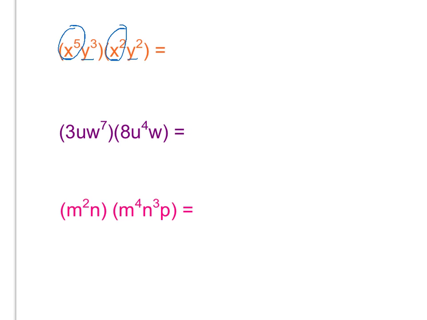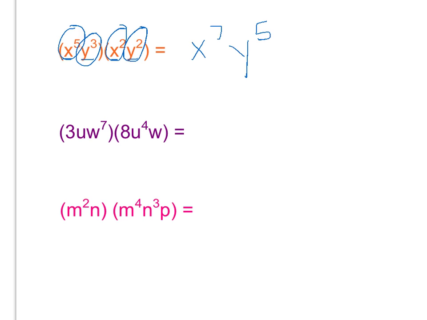And I know that I can add the exponents when I multiply, so that would give me x to the 7th power. And then the y to the 3rd power and y to the 2nd power, they also have the same base. So that means since they're being multiplied, I'm going to add the exponents. So that would give me y to the 5th.